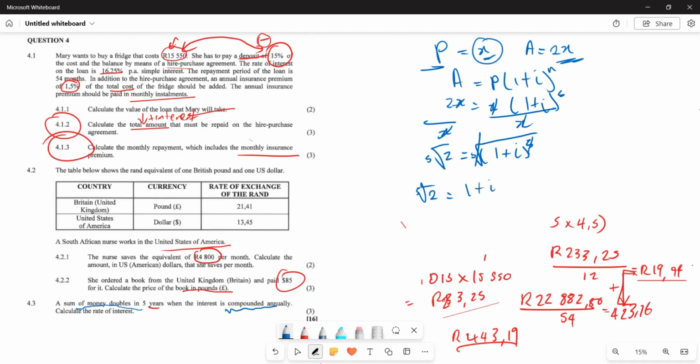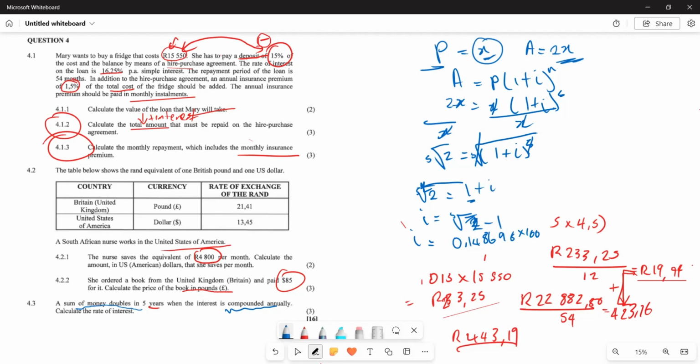When you do that, your interest is the fifth root of 2 subtract 1. Remember you have this 1, so you transpose it to this side. When you get that, you realize that the value of I is 0.14869 8, and then you multiply this by 100.